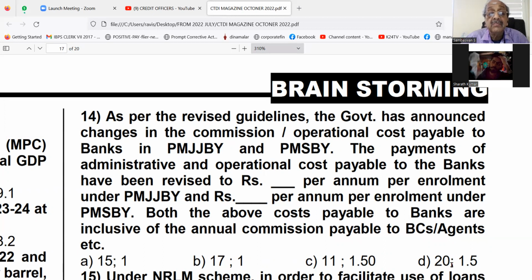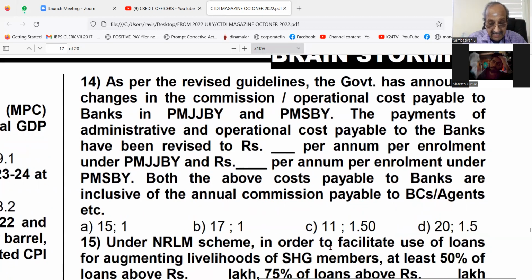Both the above costs payable to banks are inclusive of the annual commission payable to BCs, banking correspondents or agents, etc. The answer for this is C, that is 11 and 1.50.